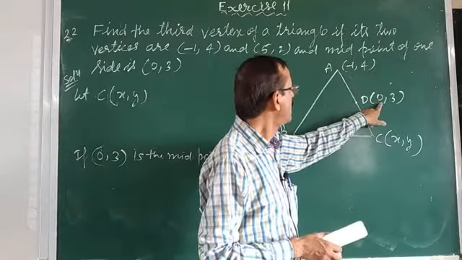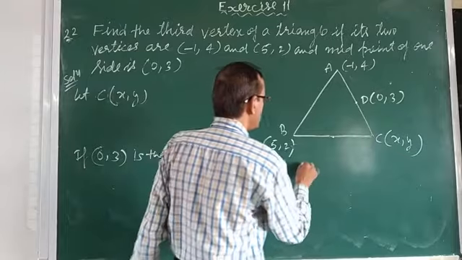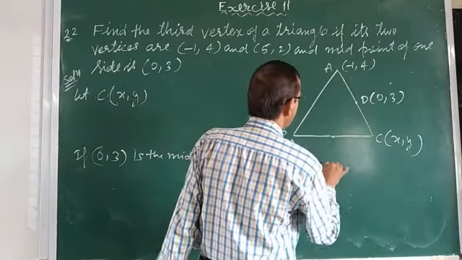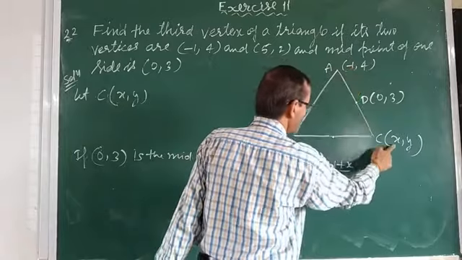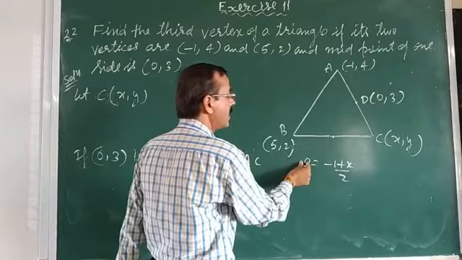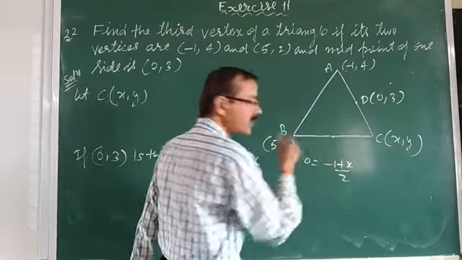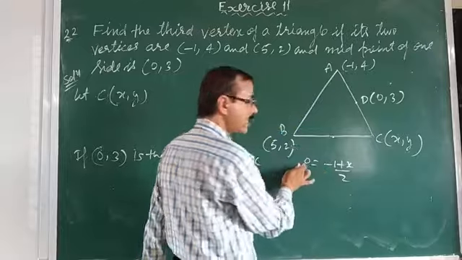This 0 is equal to minus 1 plus x upon 2. What is this? x1 plus x2 upon 2 is equal to a. So this is the a, x1 plus x2 upon 2. Right? What will be here? Transpose the 2.